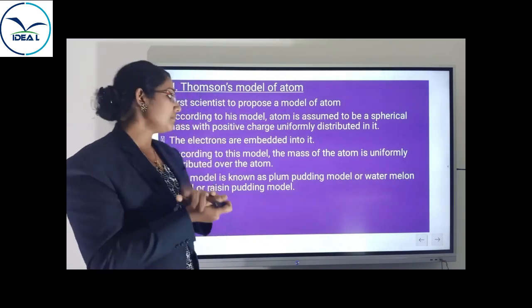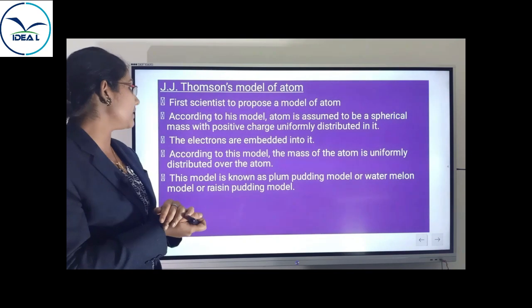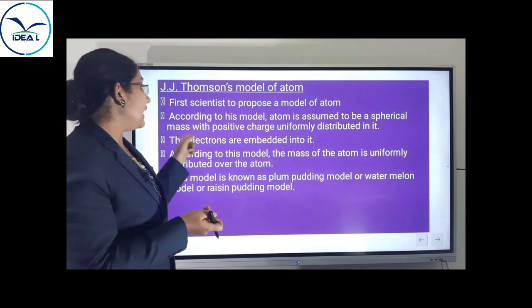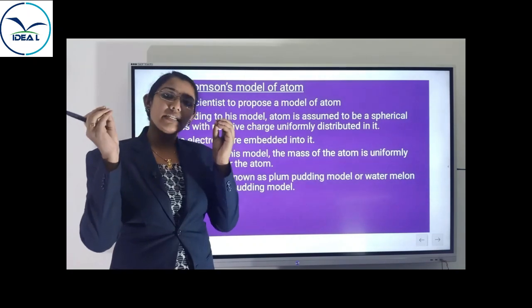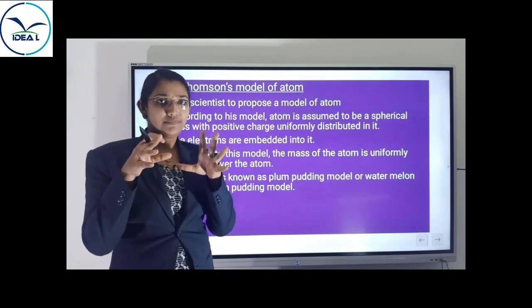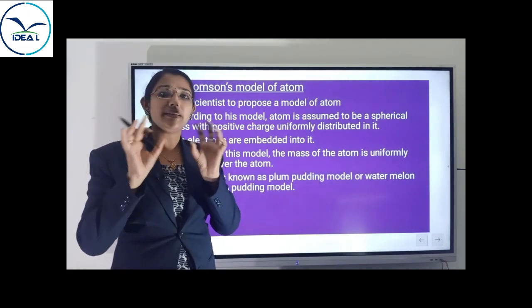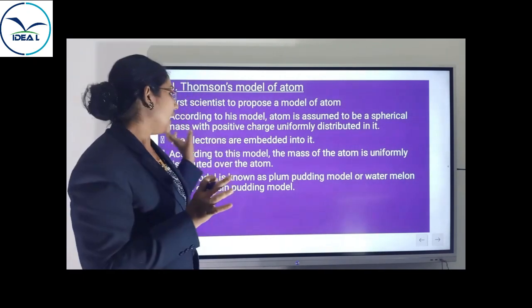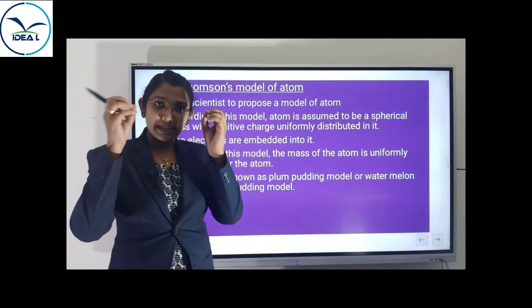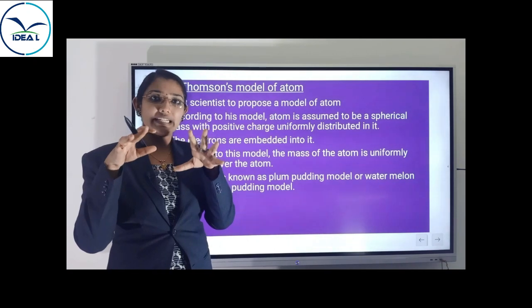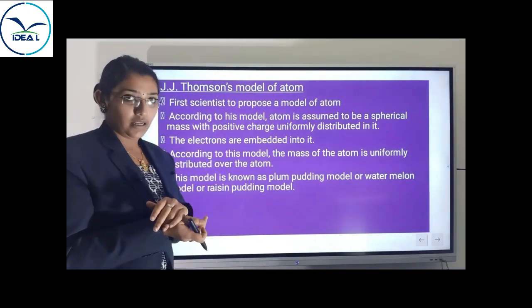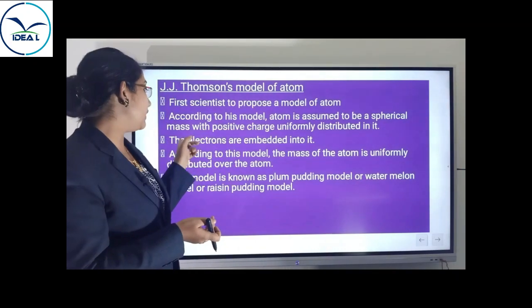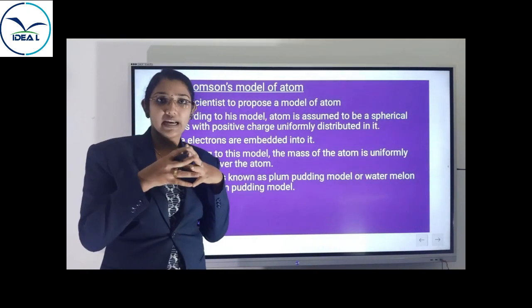Then what is the next postulate? Yes, the electrons are embedded into it. Embedded means not uniformly distributed, just like randomly distributed. So the electrons are embedded, randomly distributed in the sphere. Then according to this model, the mass of atom is uniformly distributed over the atom.